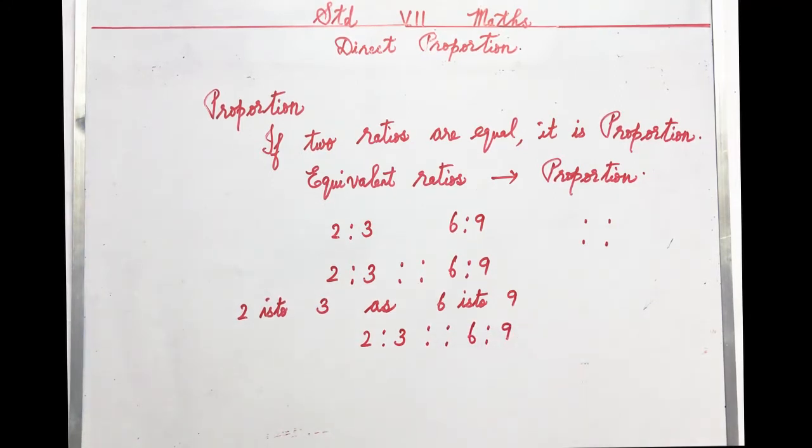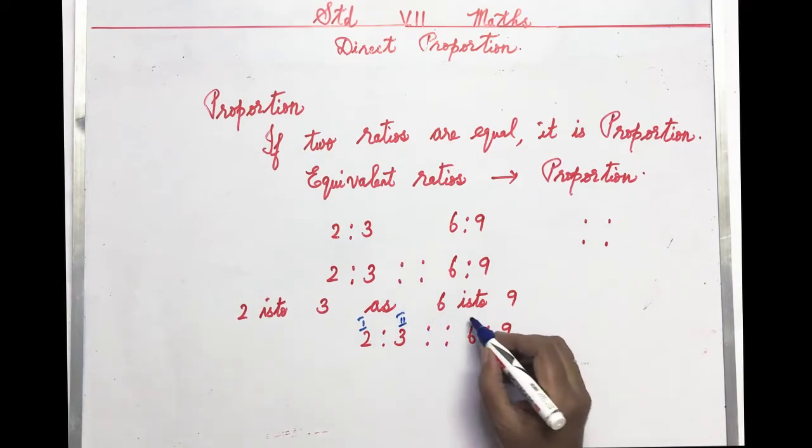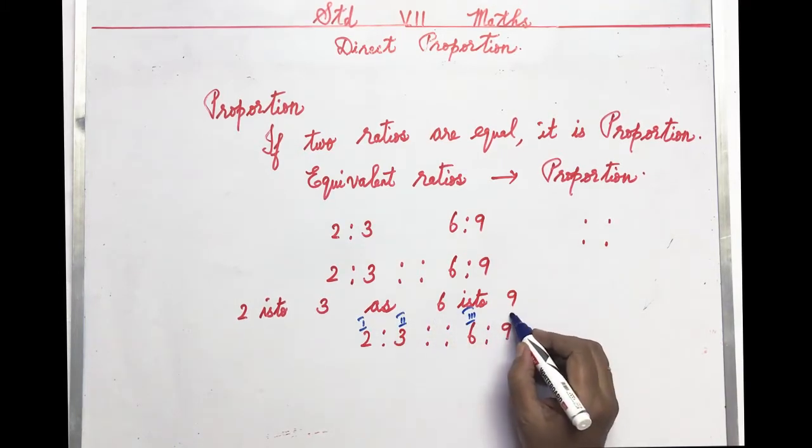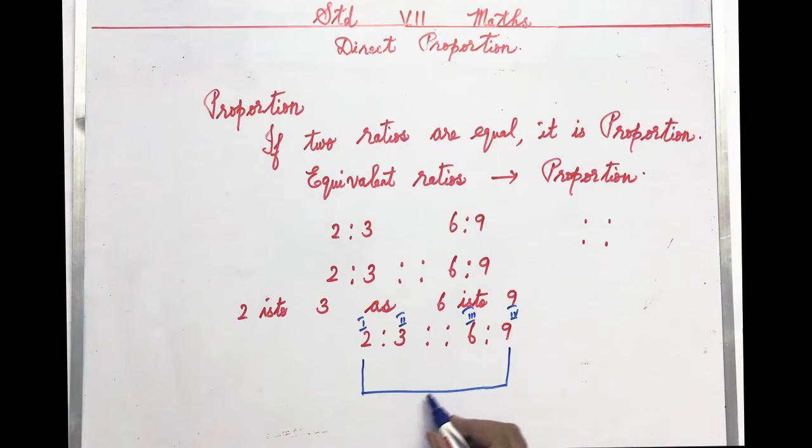There are separate names for the 4 terms. 2 is the first term, 3 is the second term, 6 is the third term, and 9 is the fourth term. The first and fourth terms are called as extremes. Second and third terms are called as means.